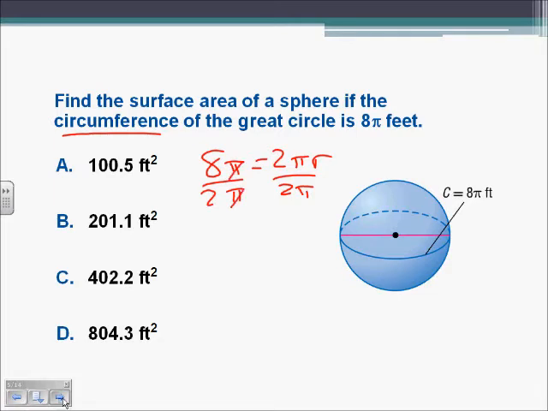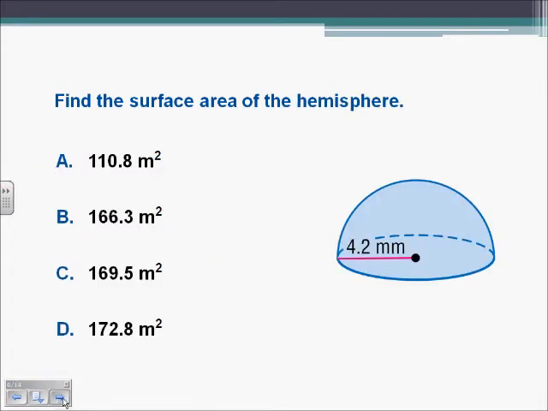We know 8 divided by 2 then is just 4, so our radius is going to equal 4. Like earlier we solved a problem with the radius of 4, so if we plug it in, we've got 4 times pi times 4 squared is 16. 16 times 4 is 64. 64 pi is going to be approximately 201.1 feet squared.